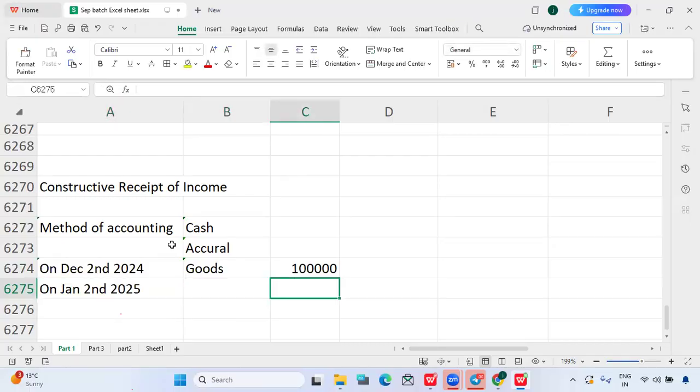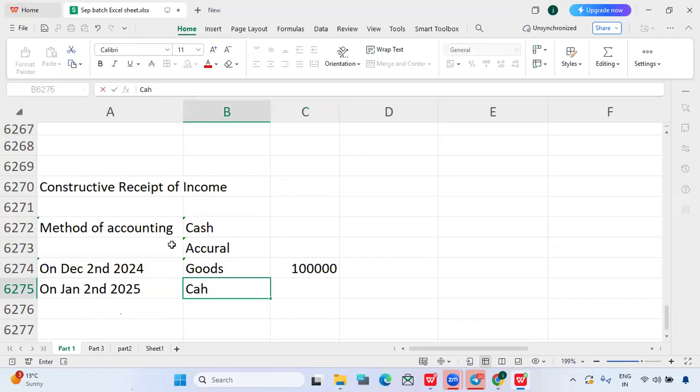So the taxpayer will get the cash on January 2nd, 2025.